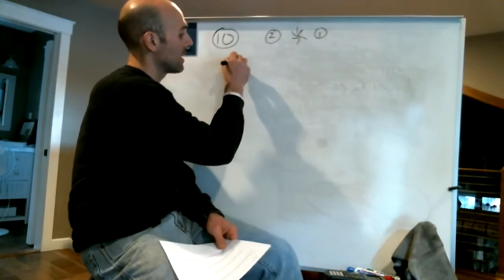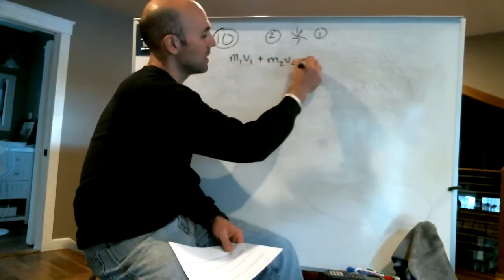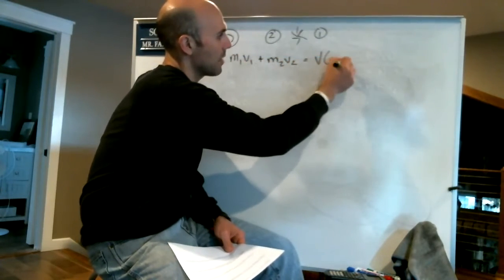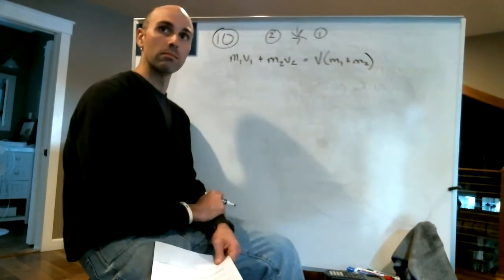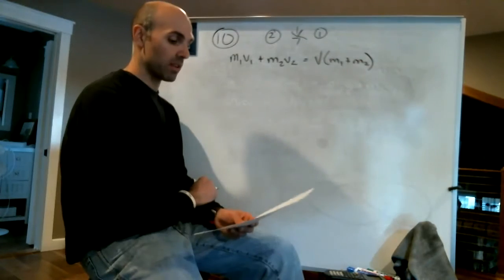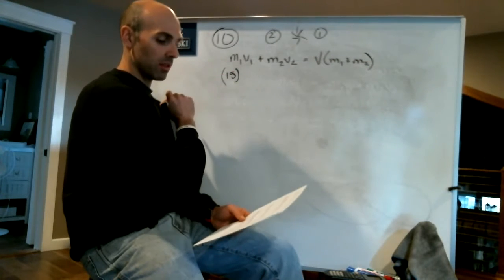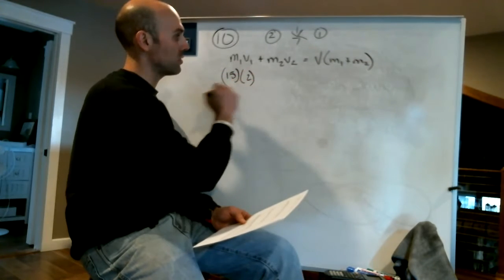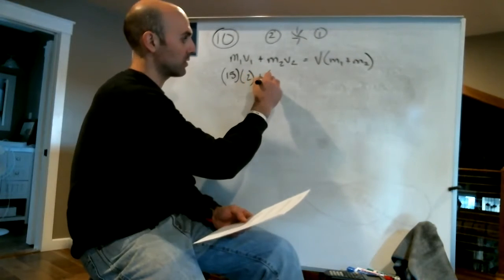So we're looking at m1v1 plus m2v2 equals v times (m1 plus m2). So let's fill this stuff in. The sled is 15 kilograms. The velocity of the sled is 2. The boy is 40 kilograms.